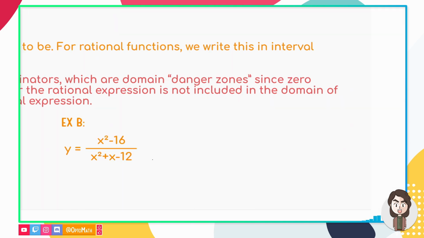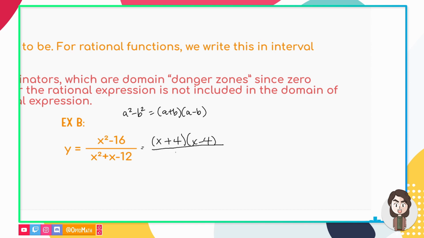For example B, we can see there's some simplifying that can occur here. So let's go ahead and simplify it. The numerator is a difference of squares, and it's going to factor to x plus 4 times x minus 4. And remember, a difference of squares looks like this and equals a plus b times a minus b. So that's how I was doing that factoring there.